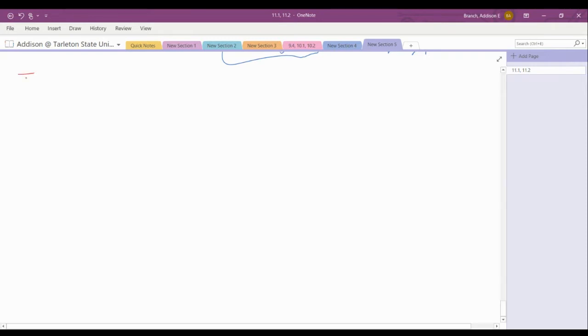So our first theorem that we want to cover states that if we have a series of a sub n that is convergent, then the limit as n approaches infinity of a sub n is equal to 0.